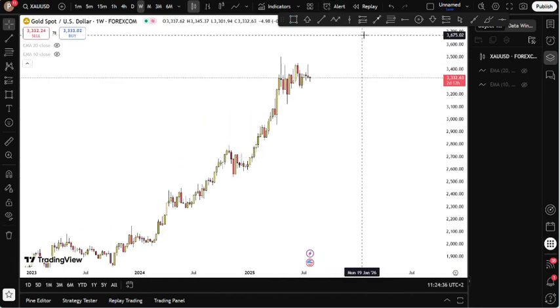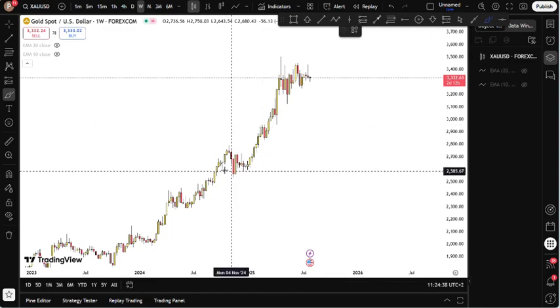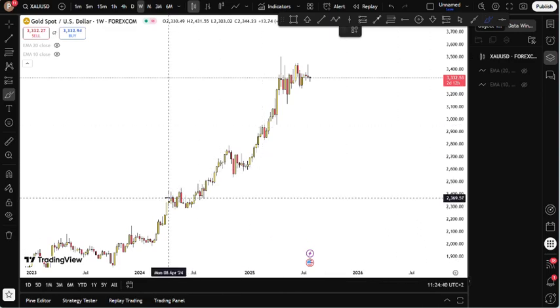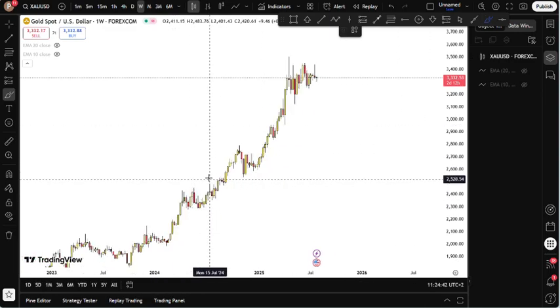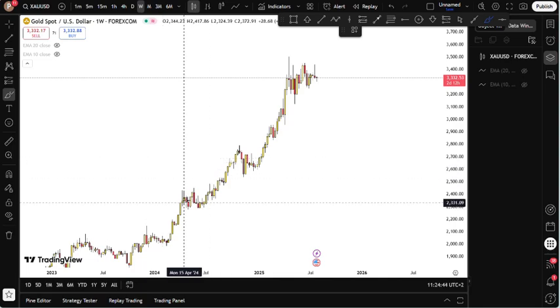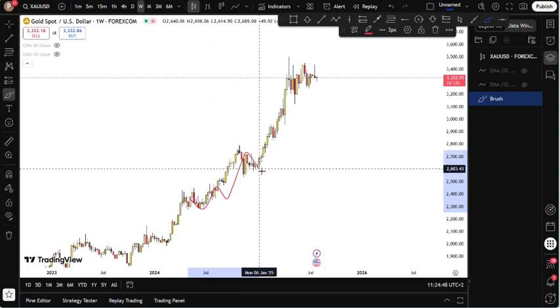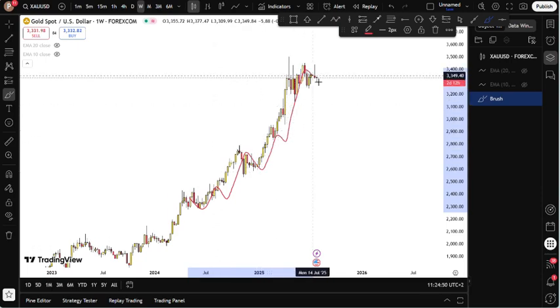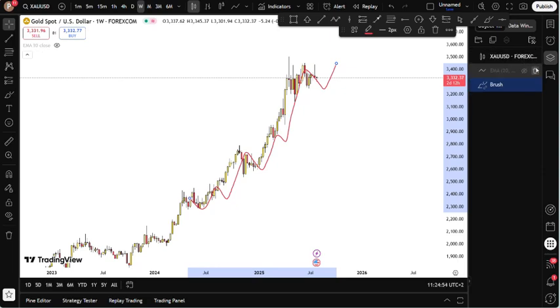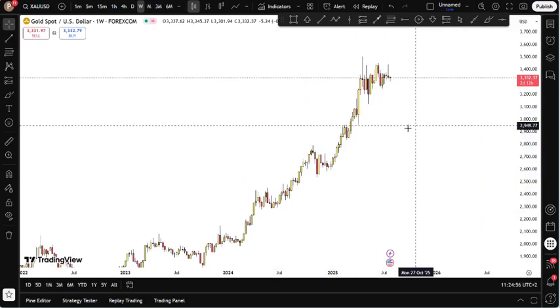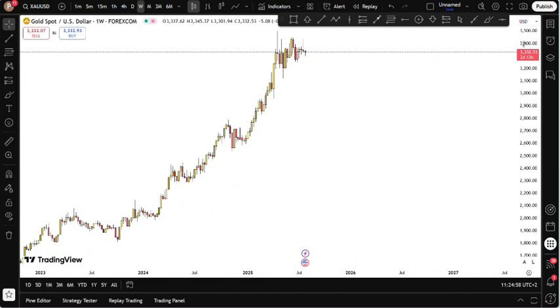Let me make it basic. Ever since that break there at the bottom, we've been in an uptrend. Let me move everything. I had EMAs.